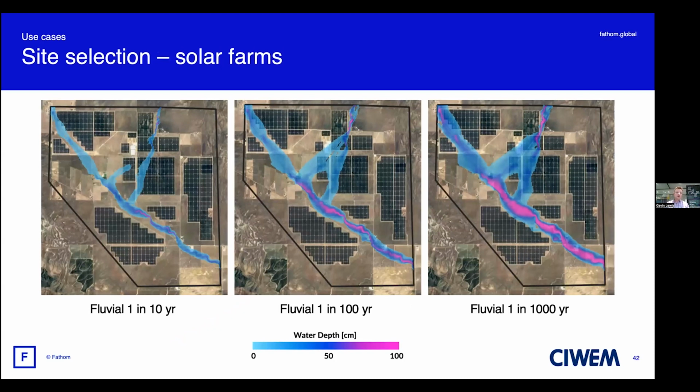So solar farms are a great example of how Fathom flood data can really speed up this site assessment and selection process. In this example, we can see that the impact of fluvial flooding significantly compromises the suitability of the site based on the current solar array layout. It's therefore maybe more appropriate to redesign the array to accommodate fluvial flooding rather than condemning the site completely.